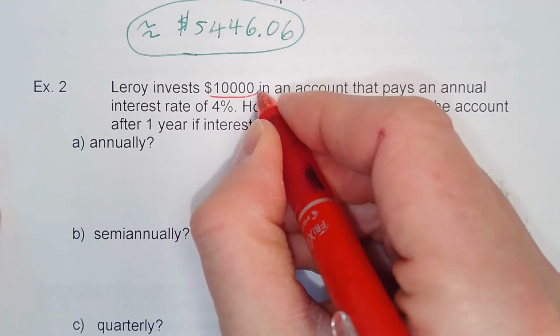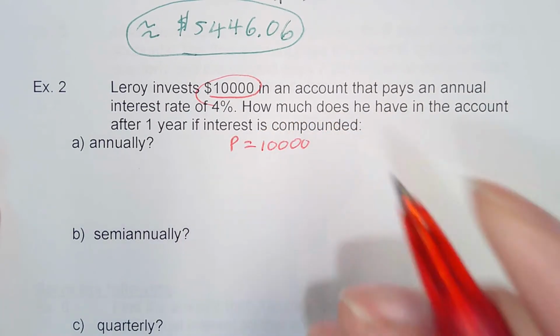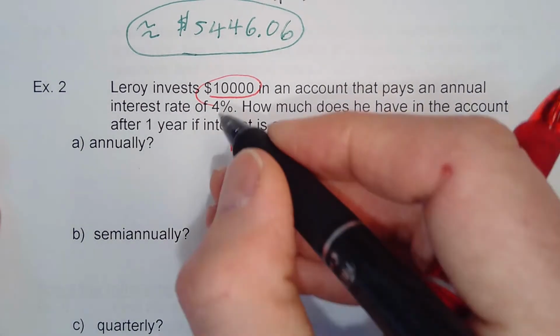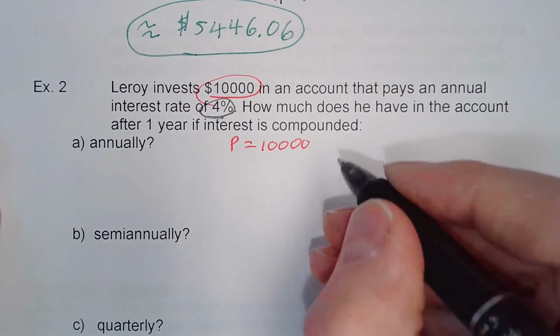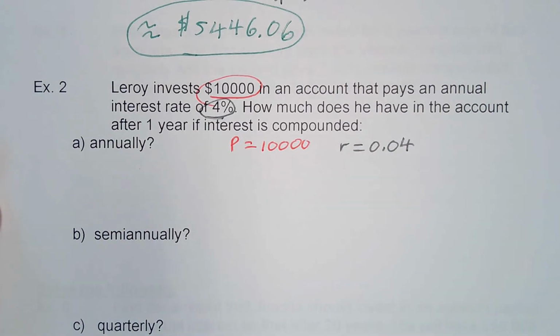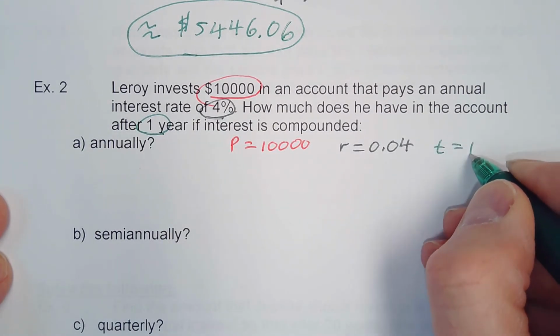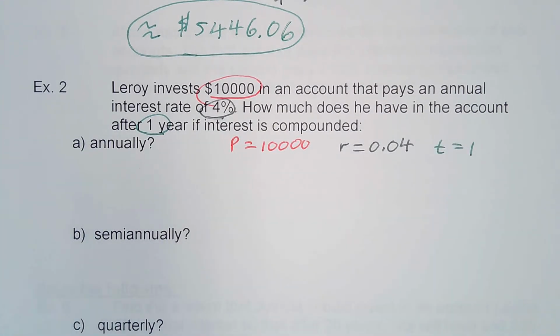So our principal here is 10,000. Interest rate r, that's 0.04. And my time here is 1. The only thing I'm going to be changing each time here is n.